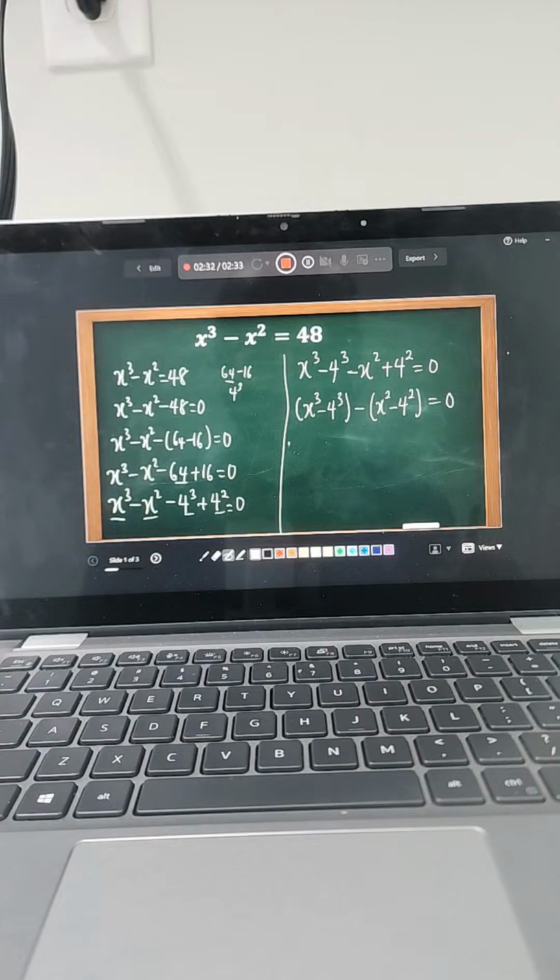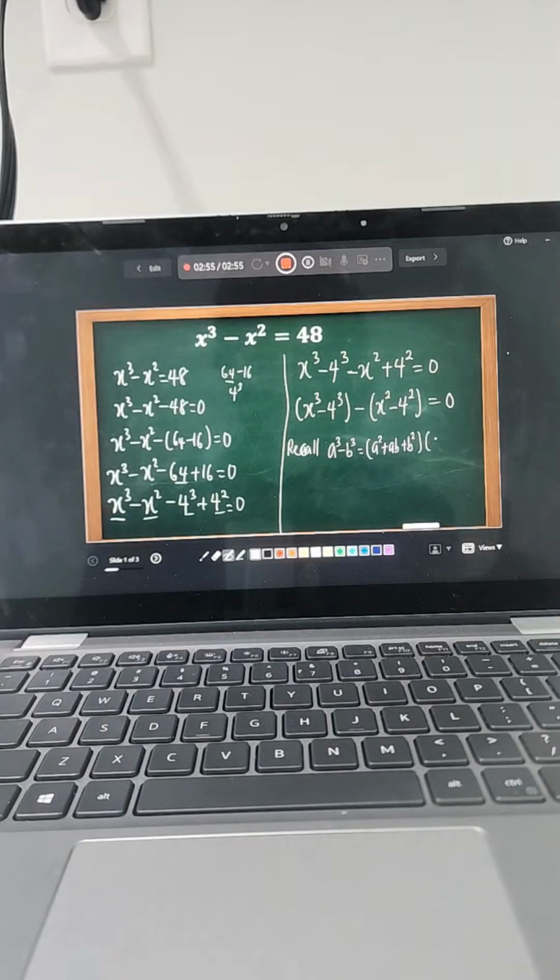But before we proceed, I want you to recall these two rules. Recall that a to the power of 3 minus b to the power of 3 is the same as a minus b times a squared plus ab plus b squared.